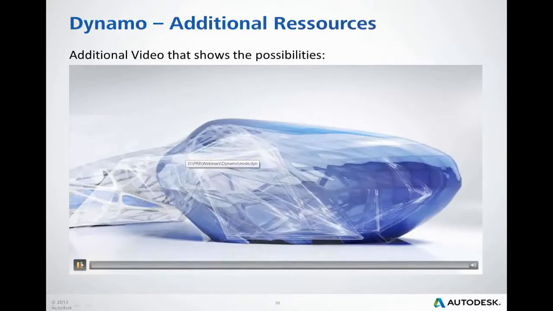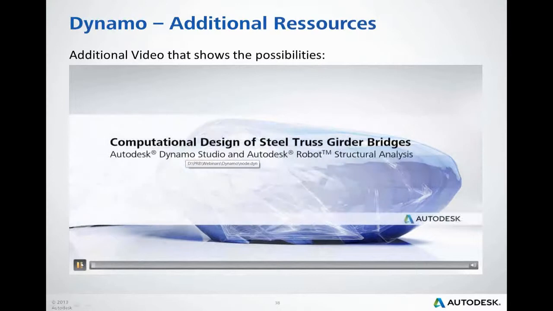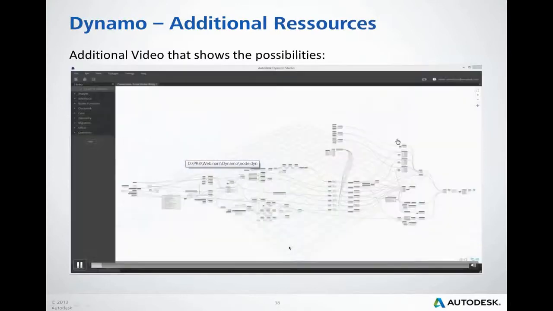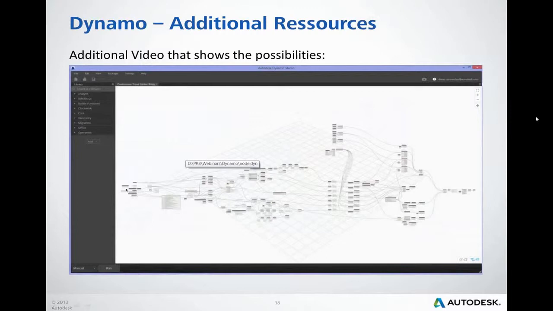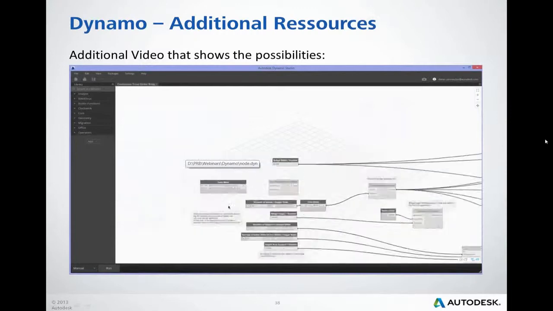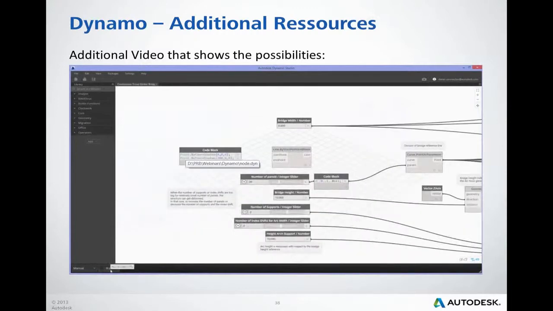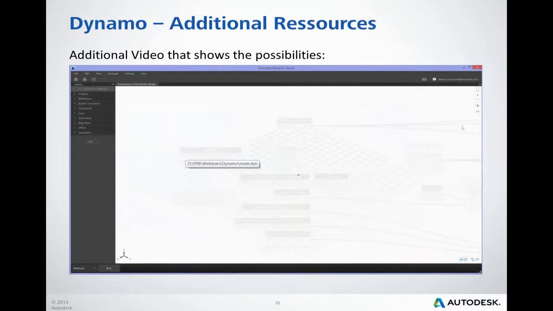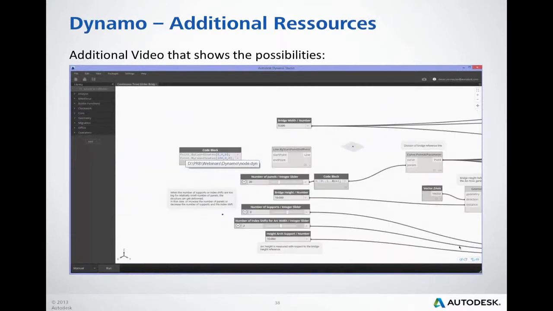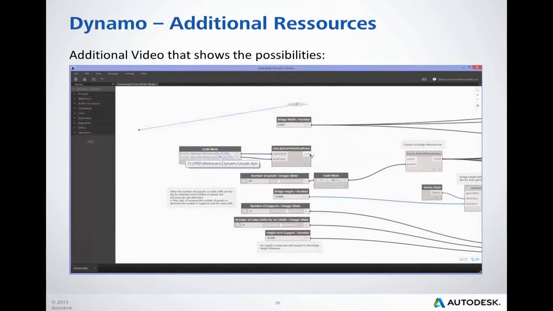So here we can look at an additional video how to play with Dynamo. And using this code and this video, we will see how to create, for example, truss bridge.